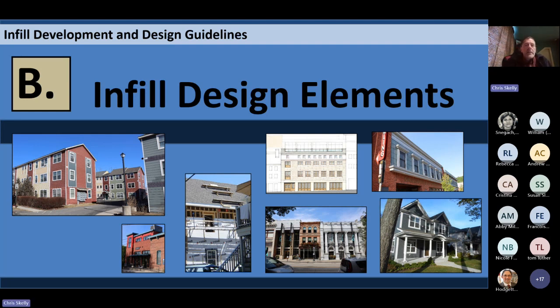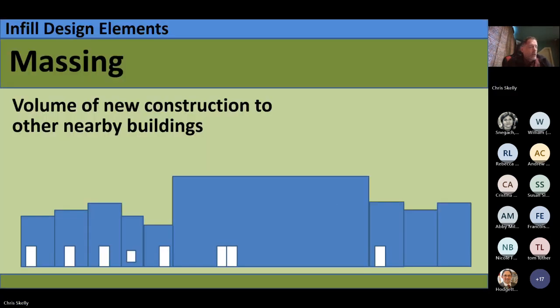Let's talk next about some infill design elements. First one I'd start off on is massing, where we think about the volume of new construction relative to other nearby buildings.